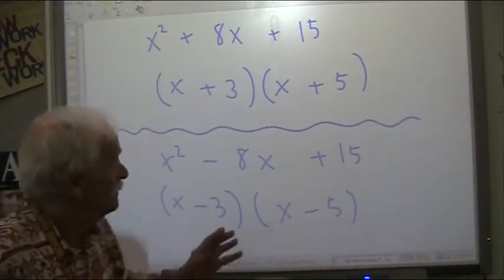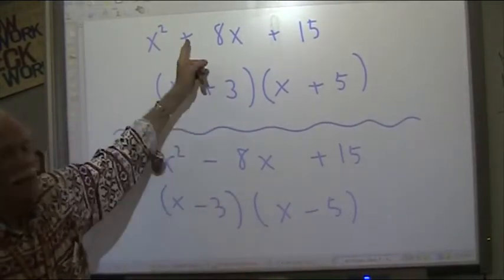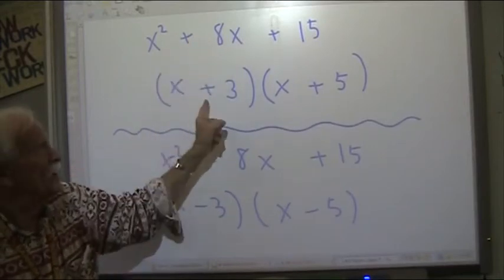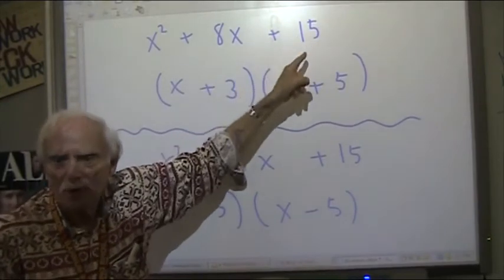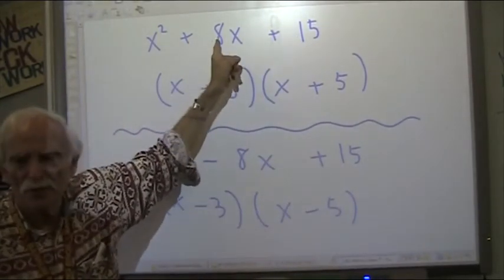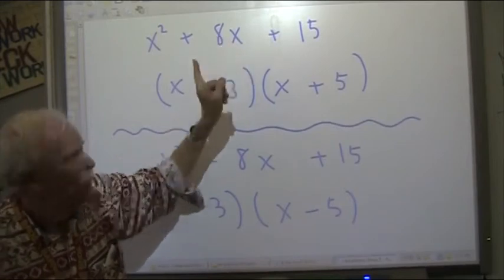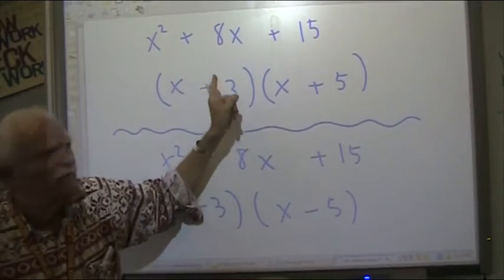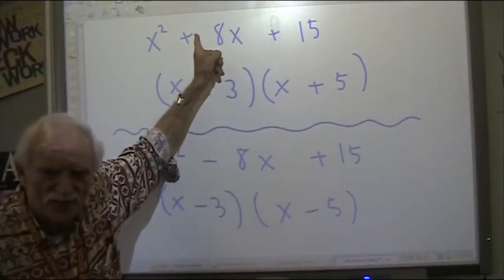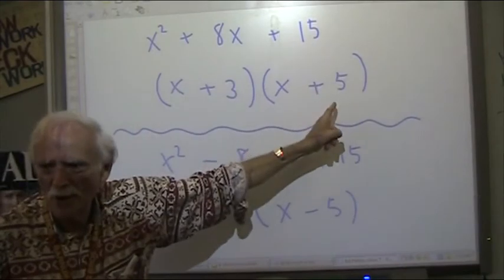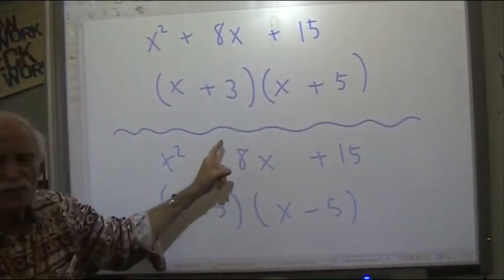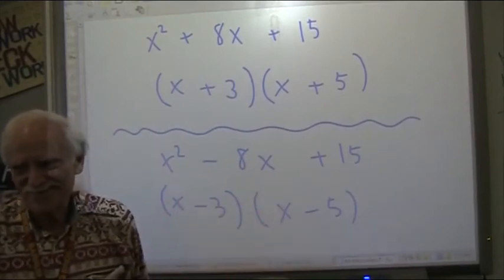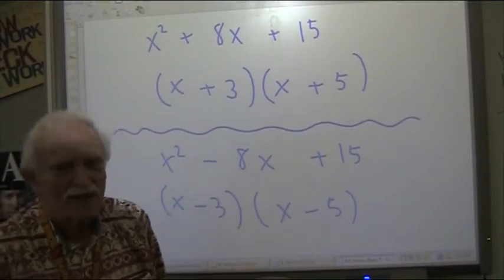So if your constant is positive and your middle term is positive, then each of the factors is positive. If the middle term is negative, then each of the factors is negative. Oh, I get it. All right, excellent.